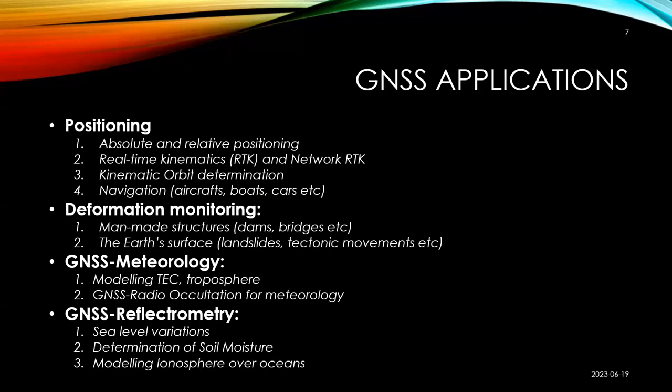GNSS meteorology is studying the atmosphere with GNSS. And reflectometry means that when GNSS satellites send signals to the ground, the signals are reflected from the ground, and then we can measure these reflections and study different parameters, like the atmosphere or sea level variation, which will come later.